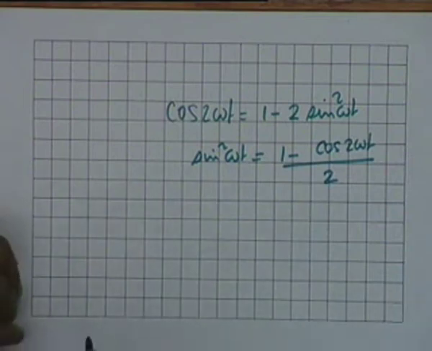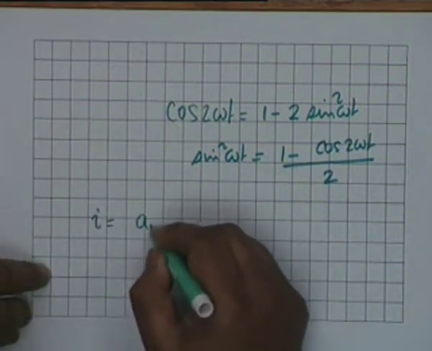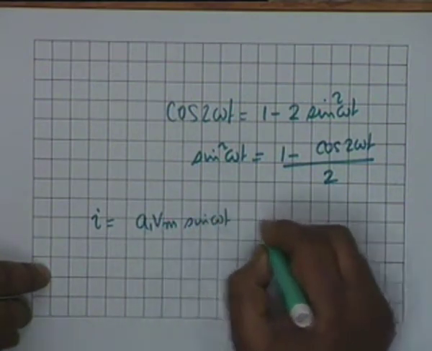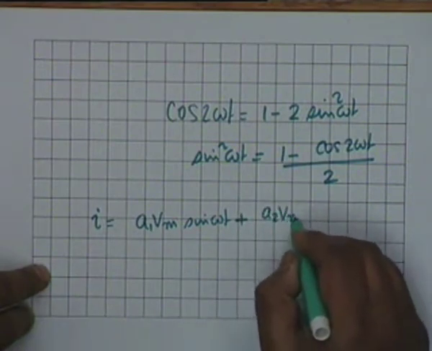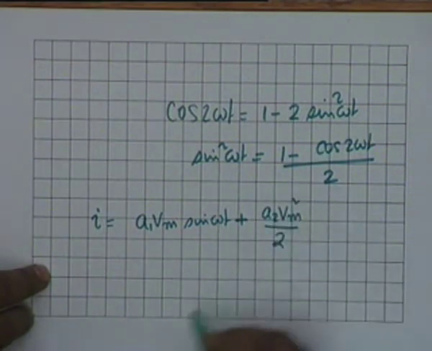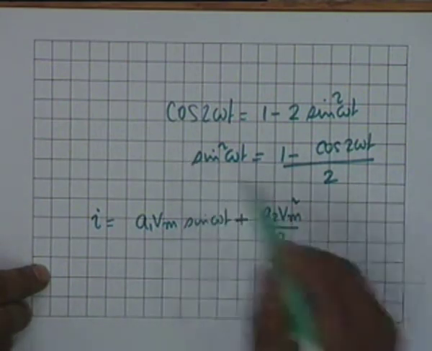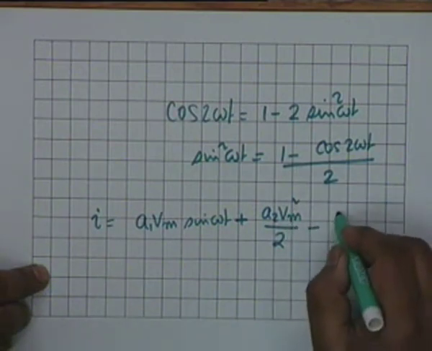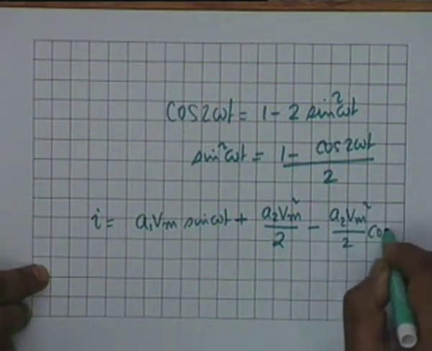Is that okay? Therefore, my current I can be written as A1 Vm sine omega t plus A2 Vm squared by 2 minus A2 Vm squared by 2 cosine of 2 omega t.